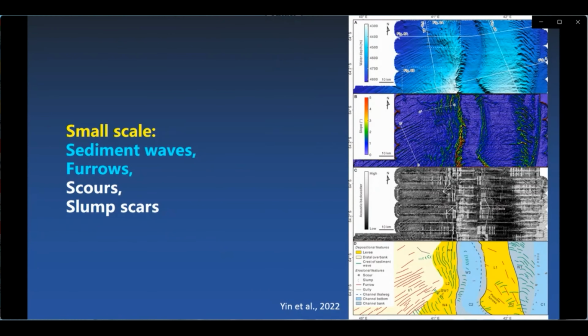If we look more closely, we can see some bedforms, these small-scale features. For example, there are sediment waves in the channel and more sediment waves on the overbank, and also some furrows in the distal area.